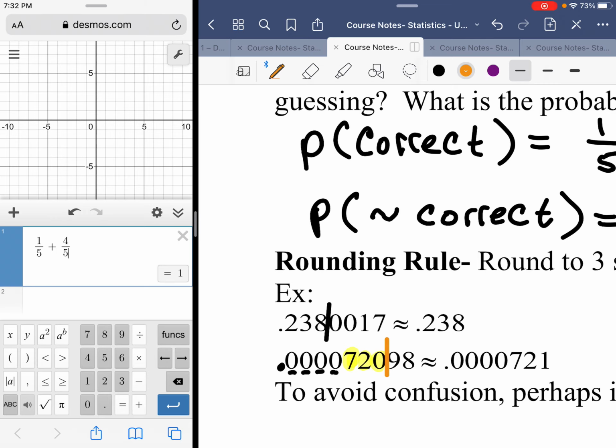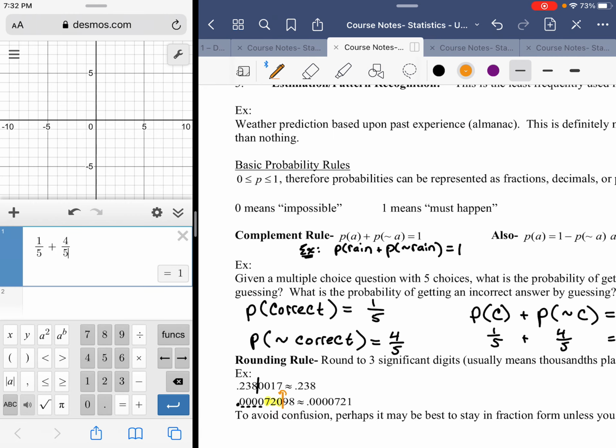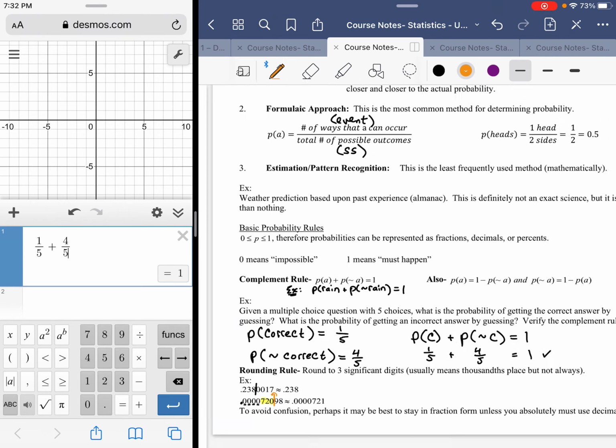So then I round appropriately from there. So then you use your classic, if it's 5 or above, give it a shove. If it's below, let it go. 9 is going to round the 0 up to a 1. And so you get 0.0000721.